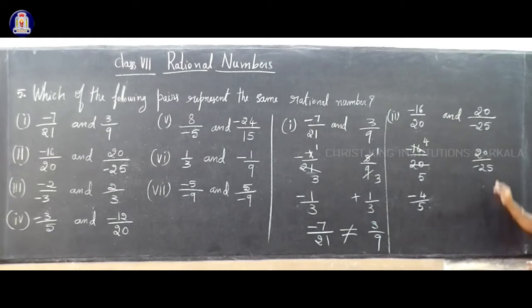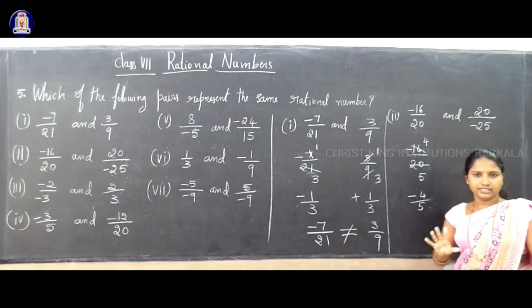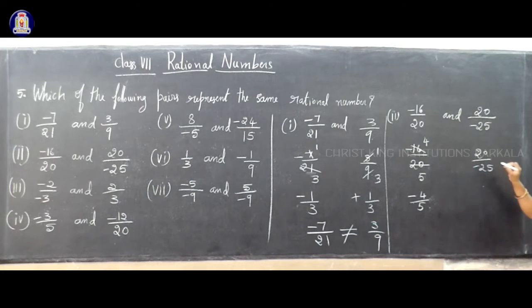Which table? 20 and 25, we can see in the 5 table, isn't it? So now you can divide by 5. 5 fours are 20, 5 fives are 25. So what is remaining here?